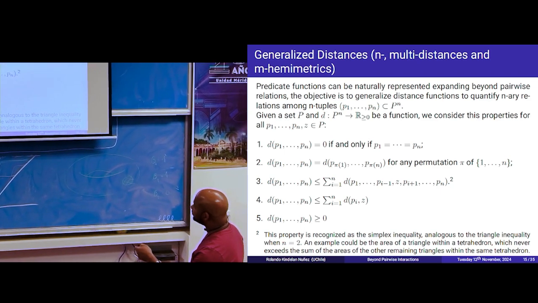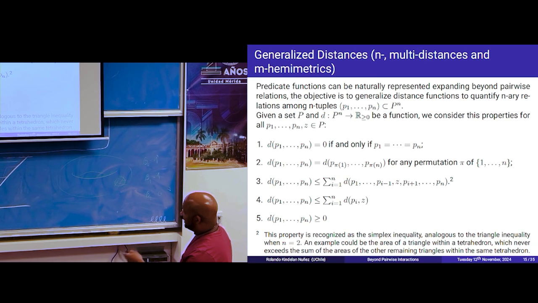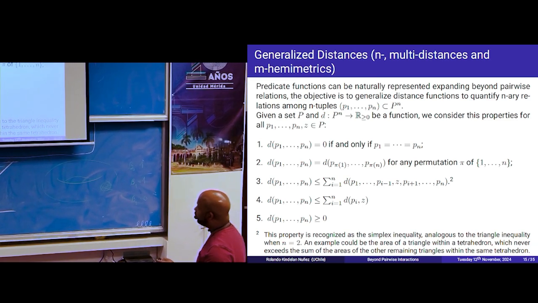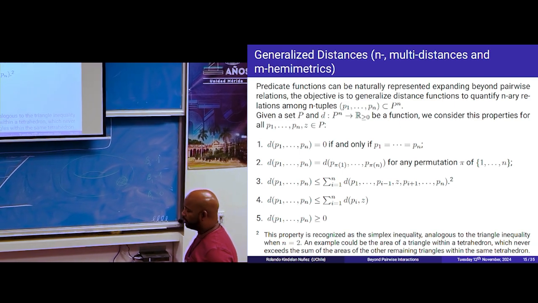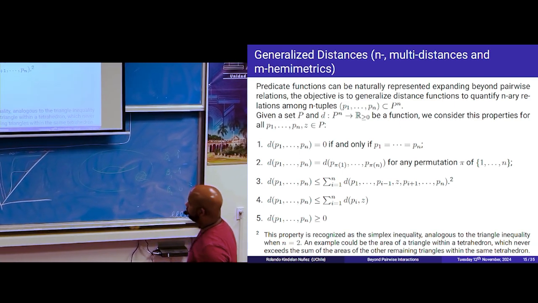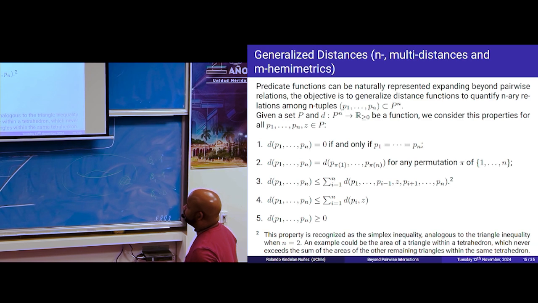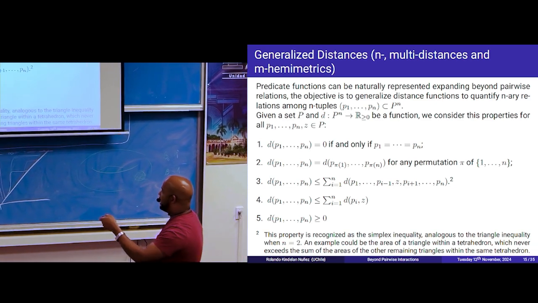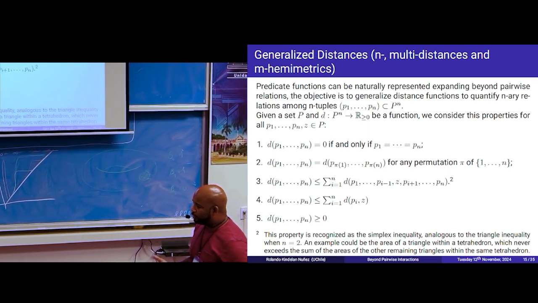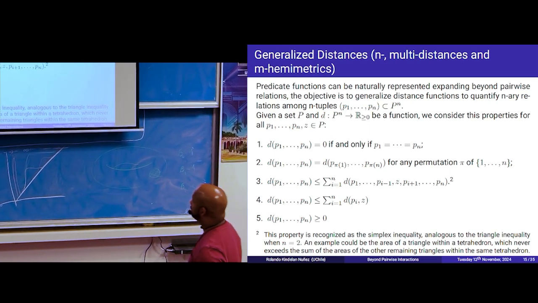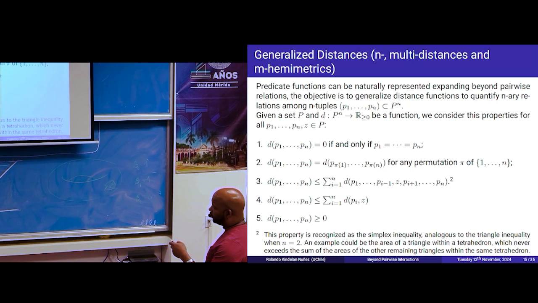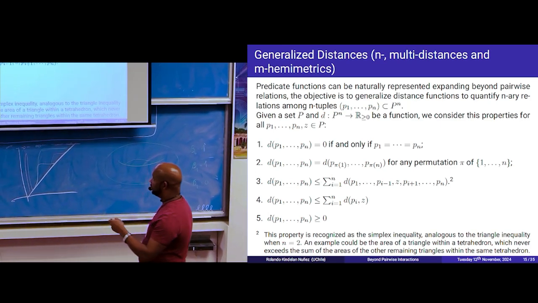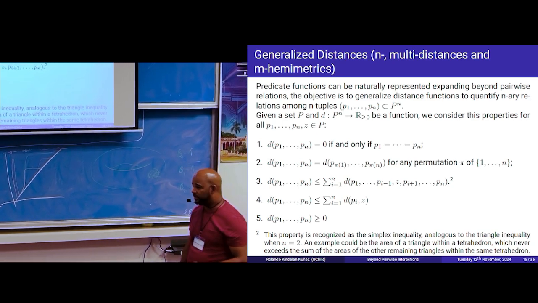So basically, the multi-distance or the generalized distance is 0 if all points are equal, or we don't have pairwise different points. The second one means that we will have the same distance no matter how we permute the points. The third one is called the simplex inequality, which is the generalization of the triangle inequality.